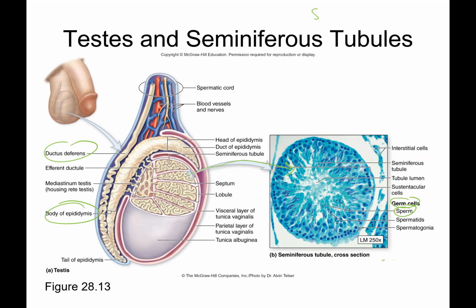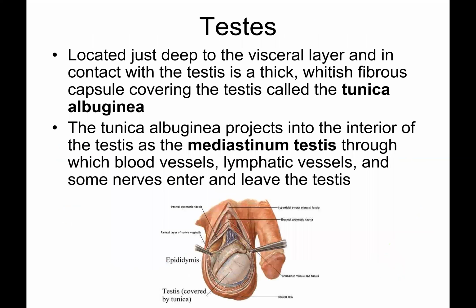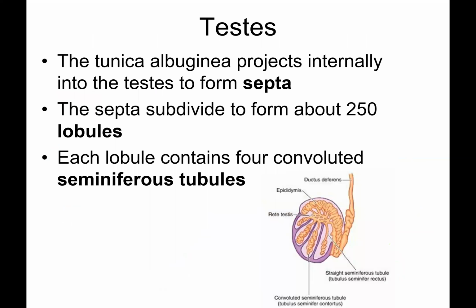Of course, they need the presence of testosterone to help do that. The ductus deferens comes in, turns into the epididymis, which then turns into the seminiferous tubules.